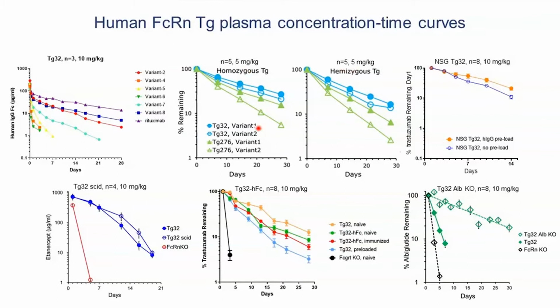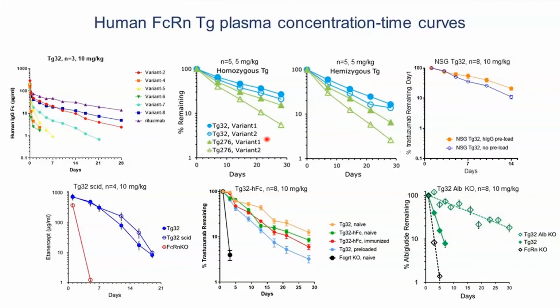Of these 2 variants, you can see when we put them into homozygous TG32 mice, it doesn't discriminate that well. And when you switch over to the hemizygous version of the TG32, the same occurs. The discrimination is limited in terms of the plasma concentration time curves.